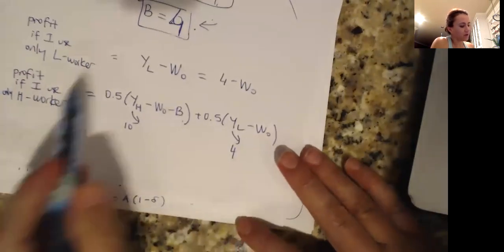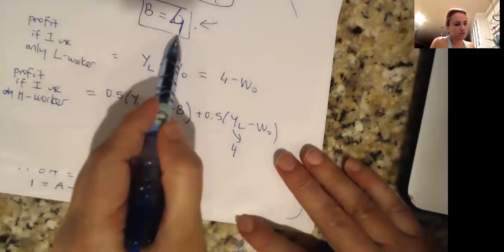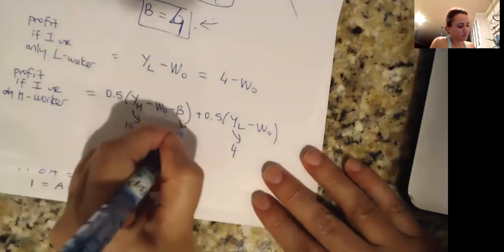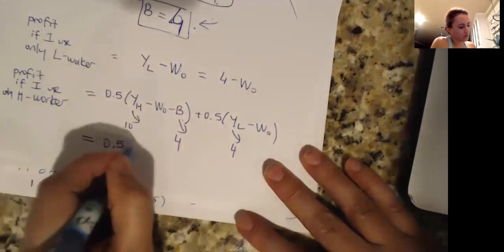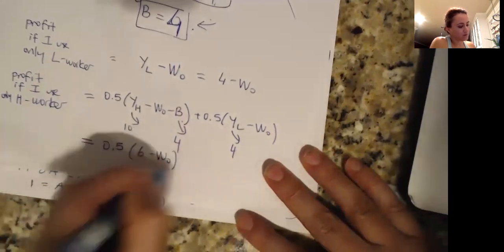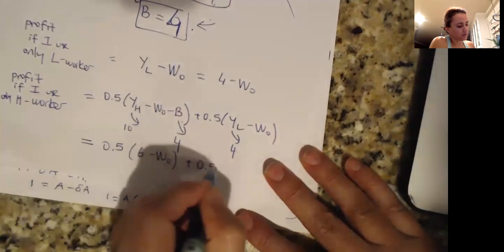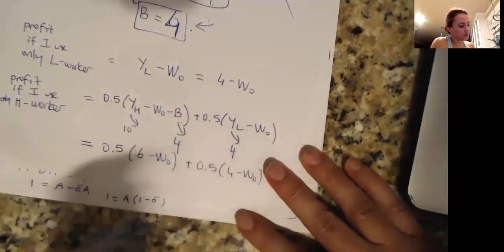I have already calculated B to be equal to 4. So here, 0.5 times (10 minus 4 minus W0) plus 0.5 times (4 minus W0).